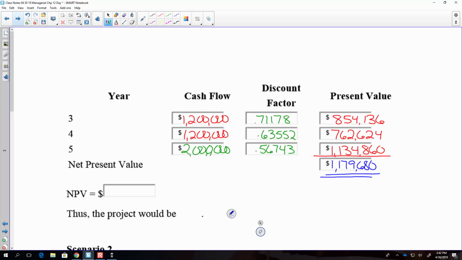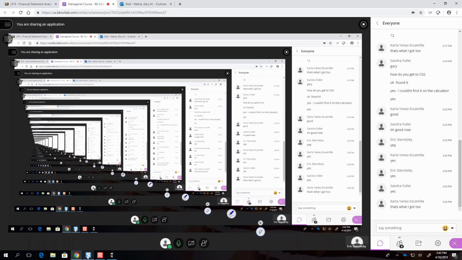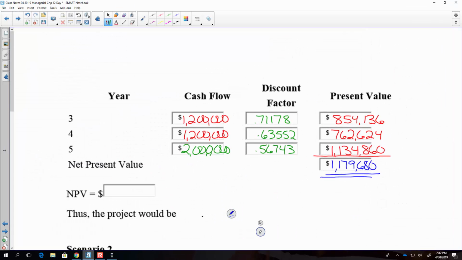That look okay? Thank you, Carla. Awesome. We can certainly use our calculator too. So our net present value is 1,179,680.